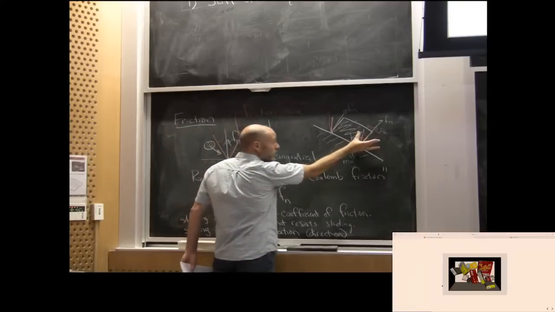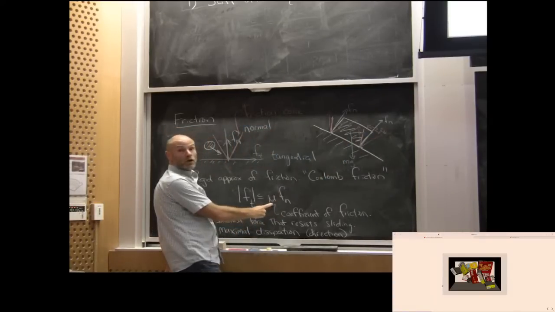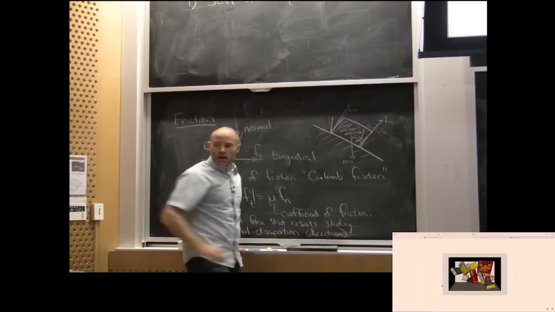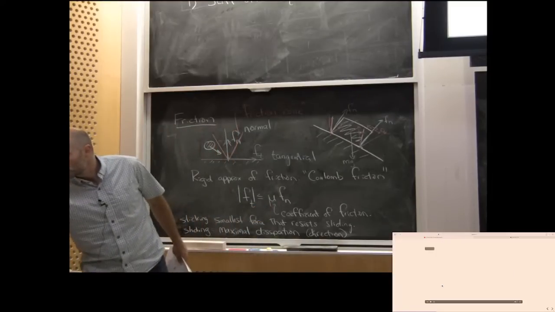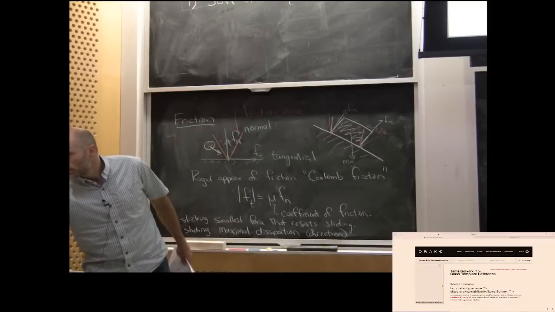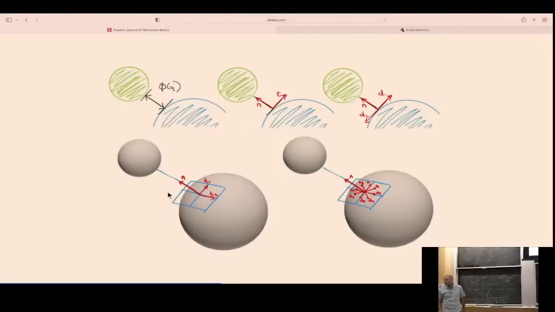The angle there is given by the coefficient of friction. I have a picture, actually, of the coordinate systems somewhere here. So in general, I have two general objects. I define the signed distance between those objects with this. The normal is always the direction of that signed distance, the gradient of the signed distance, it turns out.